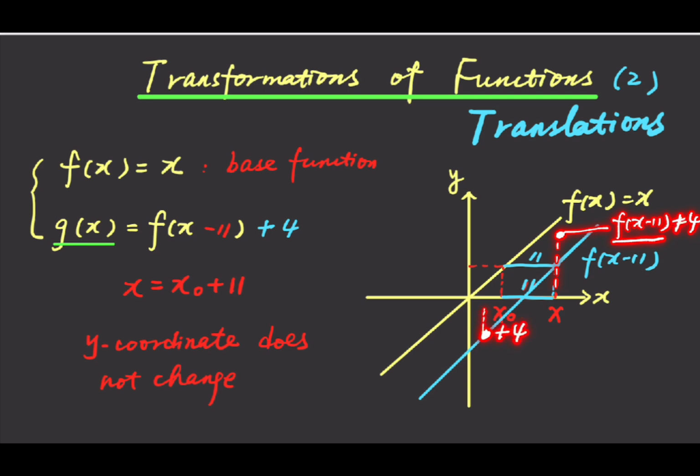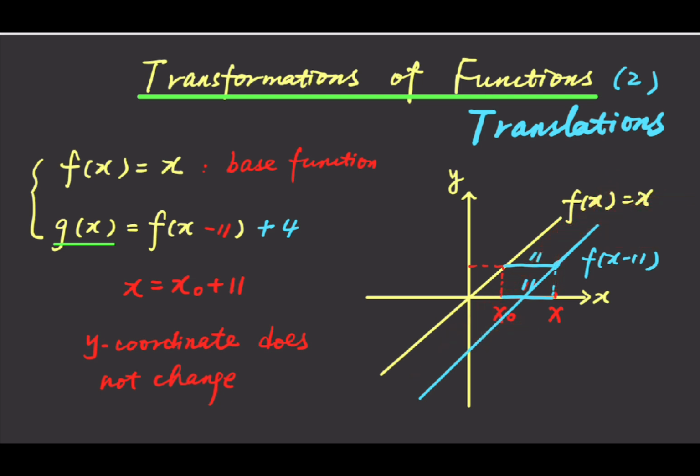So the corresponding point should be here. If you can get every point, you can connect every point to construct the new line. This new line represents the graph of this function.